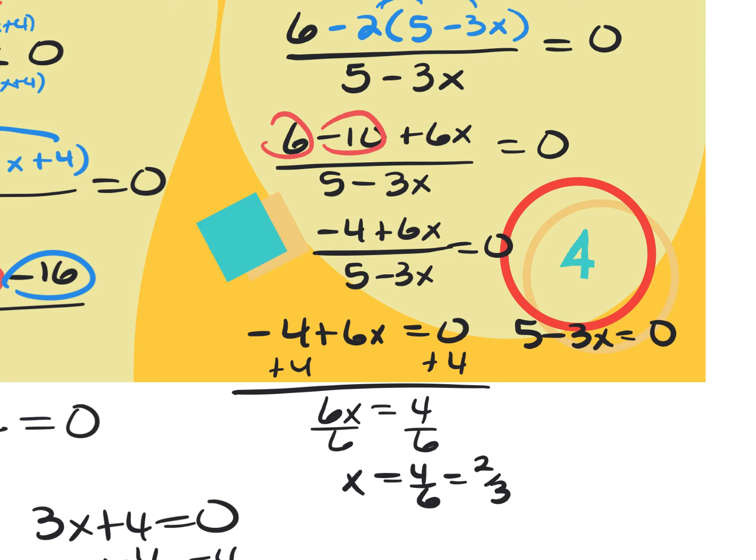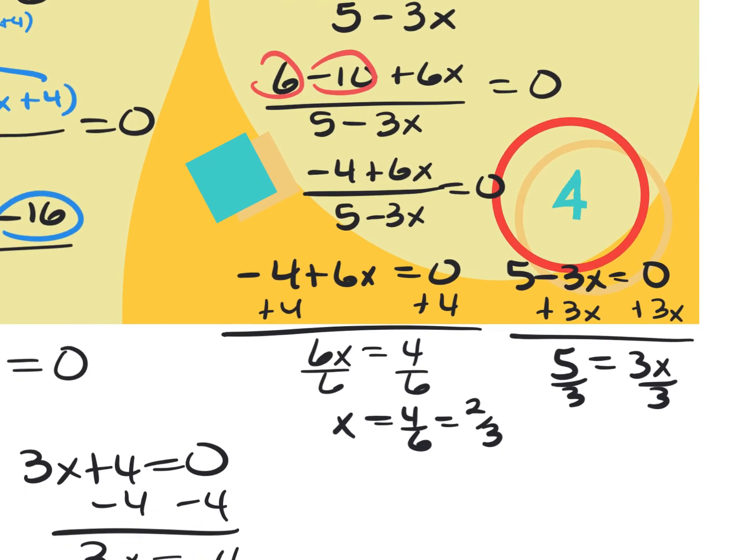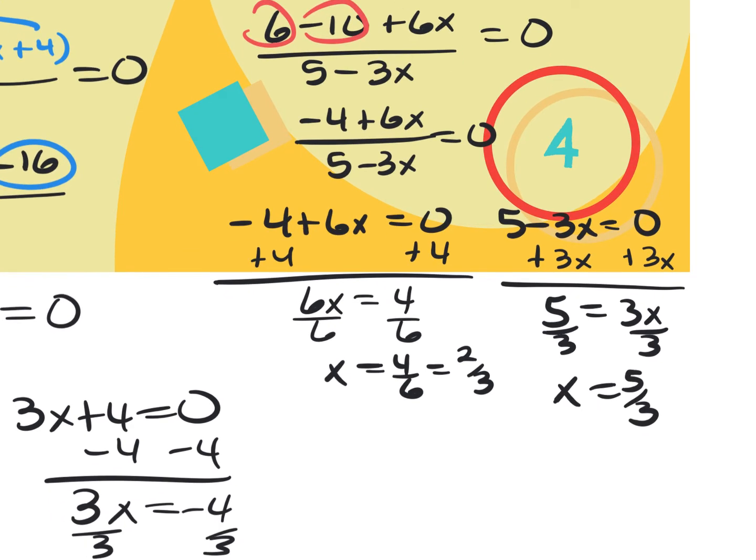For the other one, I'm just going to go ahead and add the 3x instead of subtracting 5 and then dividing. So 5 equals 3x, divide by 3, and x equals 5/3. Remember, 5/3 is going to be 1 and 2/3 when we put it on the number line.